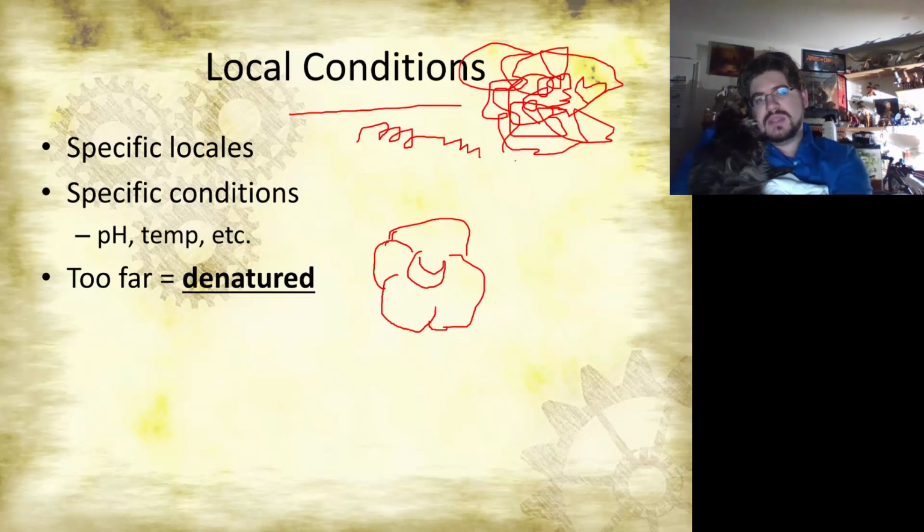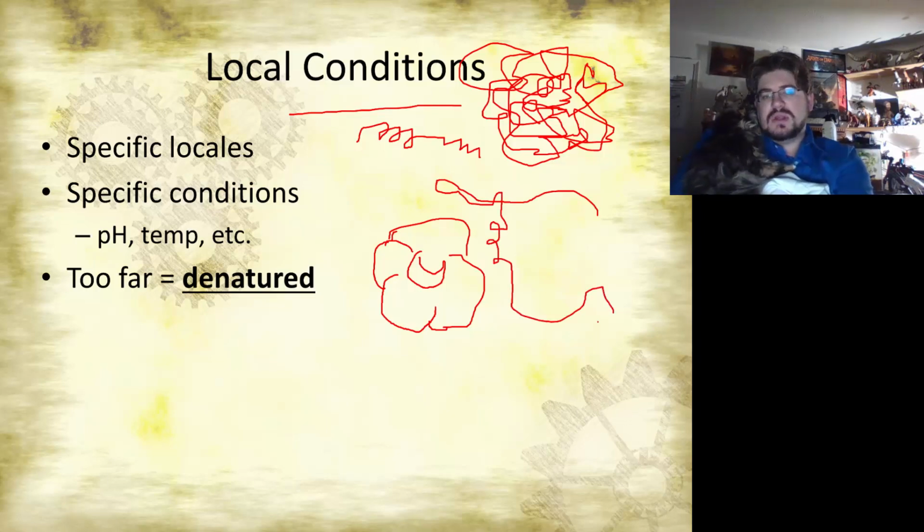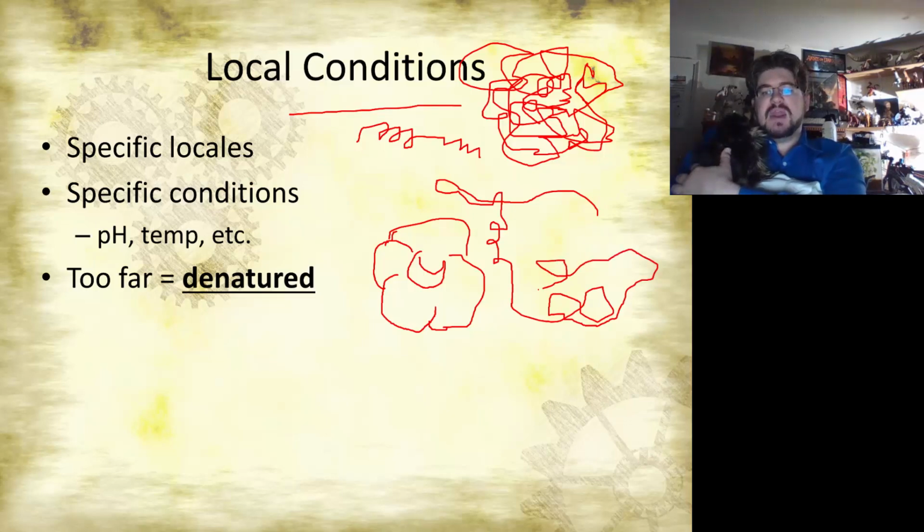This is where you get something active, like an enzyme. When you get too far, we start to lose conformation. So our shape starts to get screwed up. We don't have that nice, super compact ribbon anymore.